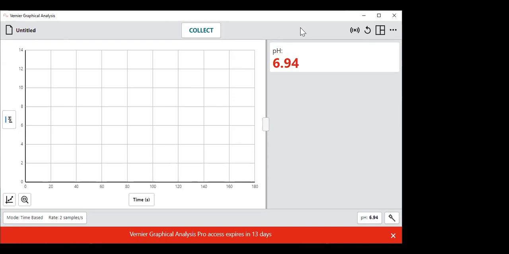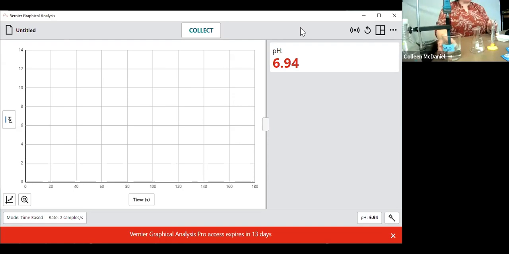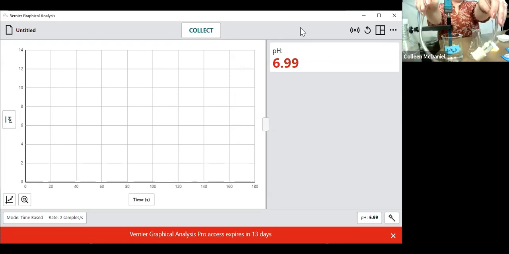Okay, so I've got a 250 milliliter beaker that has 100 milliliters of my freshwater sample in it. I've got a 125 milliliter Erlenmeyer flask with one Alka-Seltzer tablet and 10 milliliters of distilled water. And then the way I'm going to transfer the CO2 is I have a stopper that has a luer lock on it.